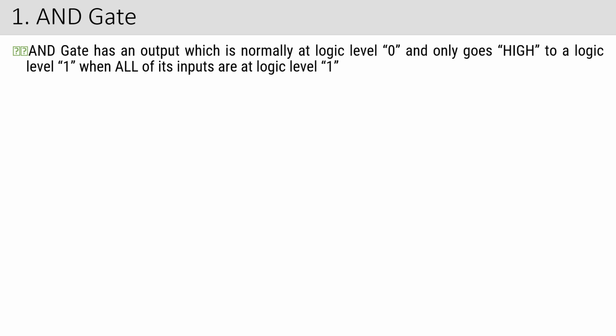The output that you get out of the AND gate in most cases is 0. Now 0 means low logic level. Okay, and it will go to a level of 1 only if all the inputs given to the gate are high, that means they are 1.